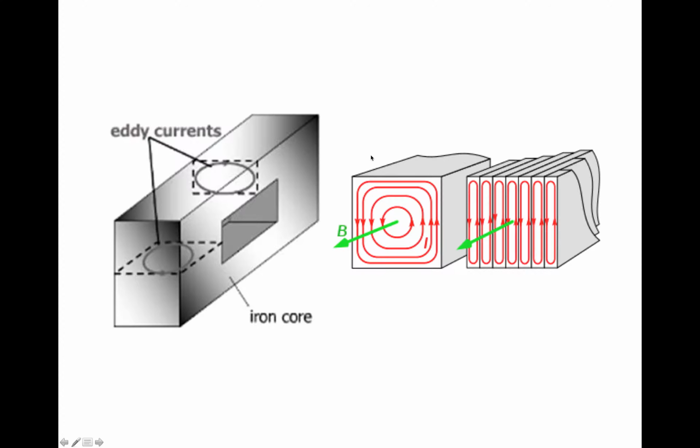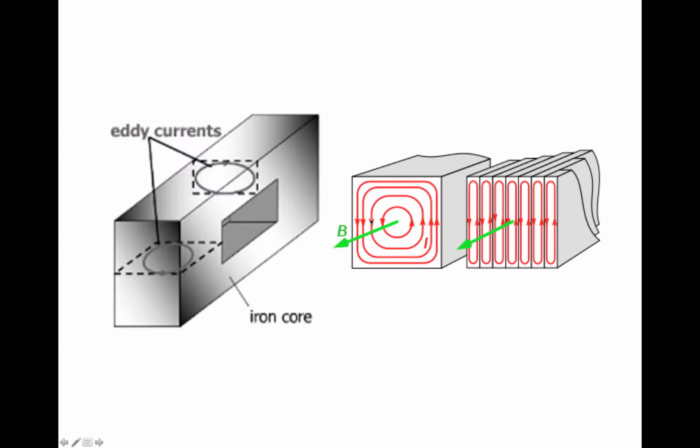And the amount of power that's going to be dissipated by this eddy current equals the square of the eddy current strength multiplied by the resistance of the transformer core, which is a result of Ohm's law, right? The power equals voltage times current, and the voltage equals current times the resistance.